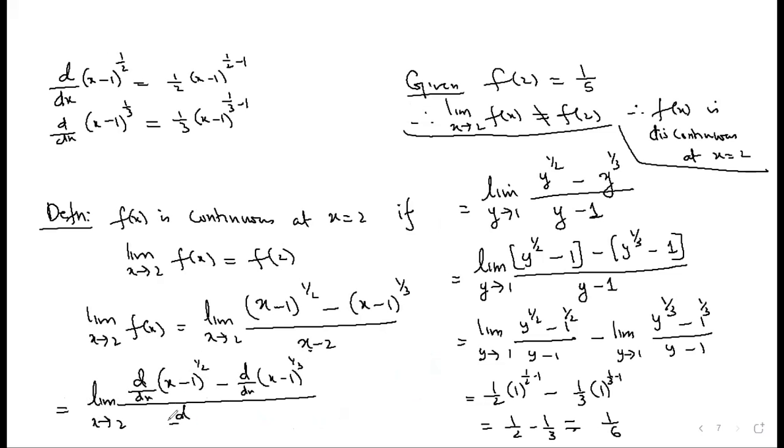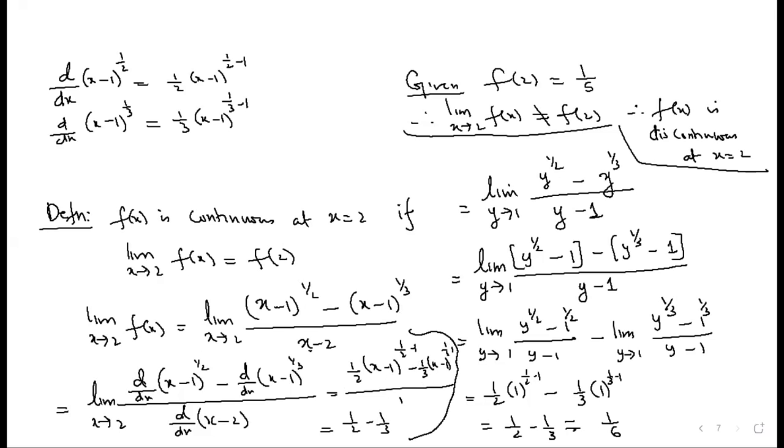That's why we are having a problem. So 1/2 x minus 1 raised to 1/2 minus 1, minus 1/3 x minus 1 raised to 1/3 minus 1, upon 1. That becomes 1/2 minus 1/3.